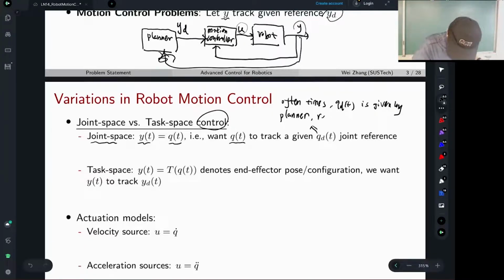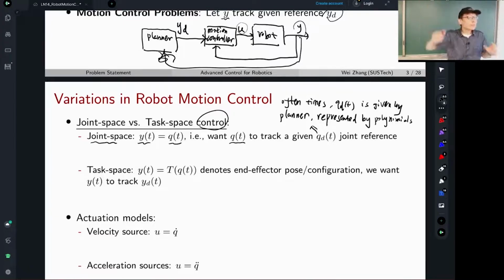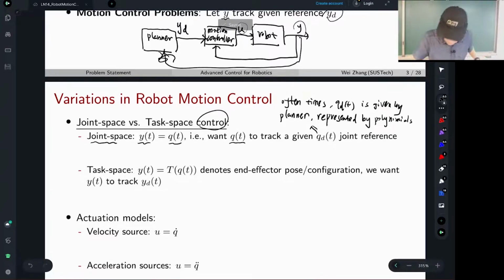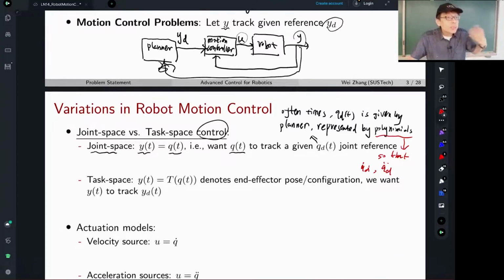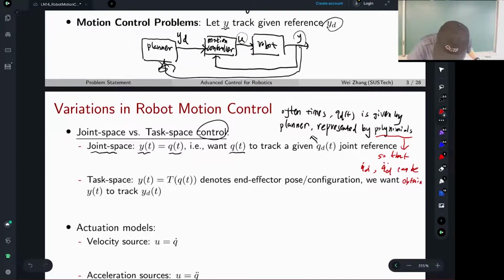It is also represented, most of the time, by polynomials. You have a desired polynomial of a certain order, and the reason is that in this case QD dot and QD double dot can be obtained by differentiating it, without too much noise.